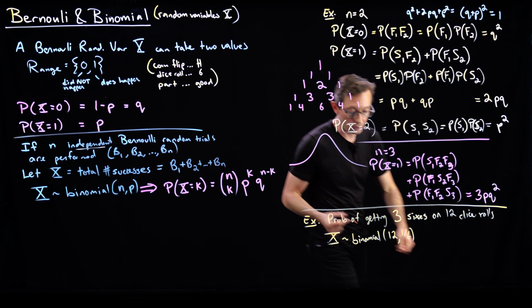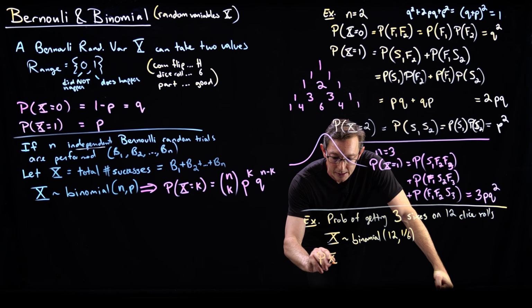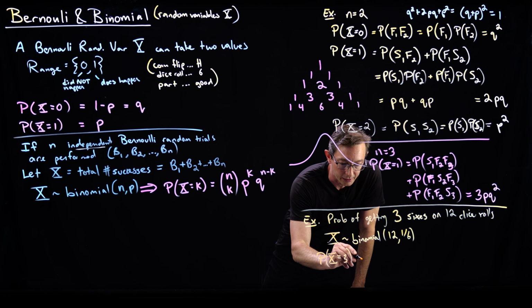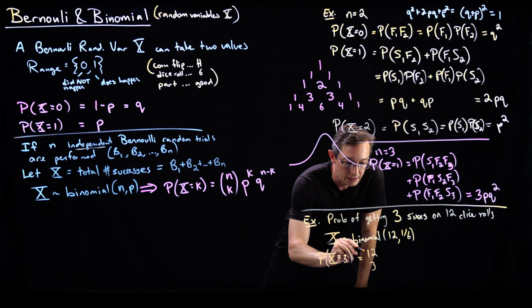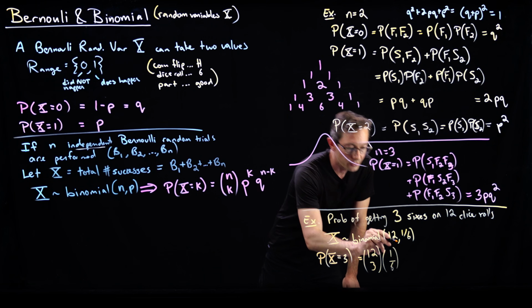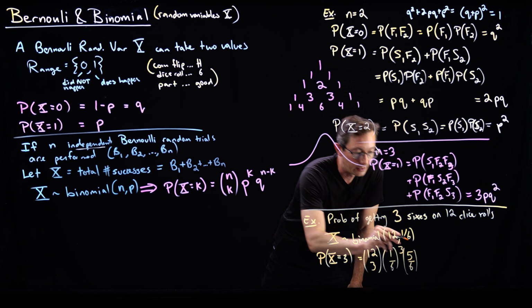And so I could compute the probability that x equals 3. Essentially I just plug in this formula. That is just 12 choose 3 times 1/6 to the power 3 times 5/6 to the power 9.